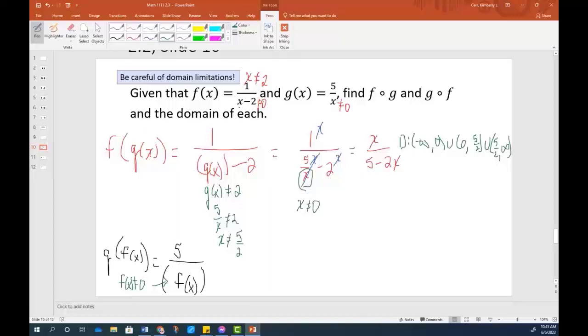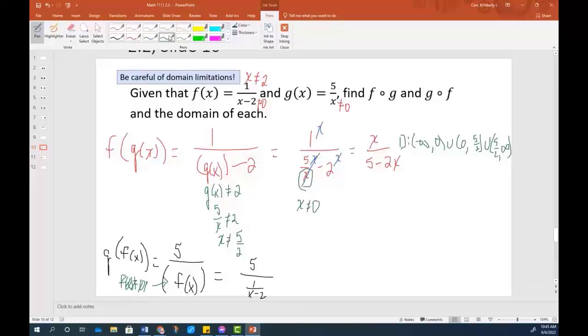But again, if f of x cannot equal 0, we need to look closely at that. Well, f of x is 1/x minus 2, but a fraction never equals 0 unless the numerator equals 0. So although this is true, f of x cannot equal 0, 1/x minus 2 would never equal 0, so this one is not a problem. So I get to go ahead and continue and look at this in more detail. So as we continue, this becomes 5/1/x minus 2.